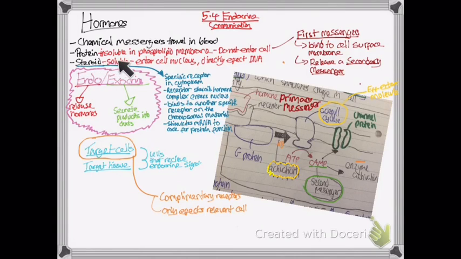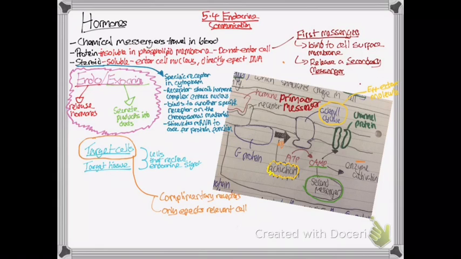One thing to look at for steroid hormones, which is the last thing on this page, is they have a specific receptor within the cytoplasm. So our steroid hormones, they're soluble, they diffuse through the plasma membrane, and then they bind to a specific receptor in the cytoplasm. This forms a receptor steroid hormone complex which can enter the nucleus.